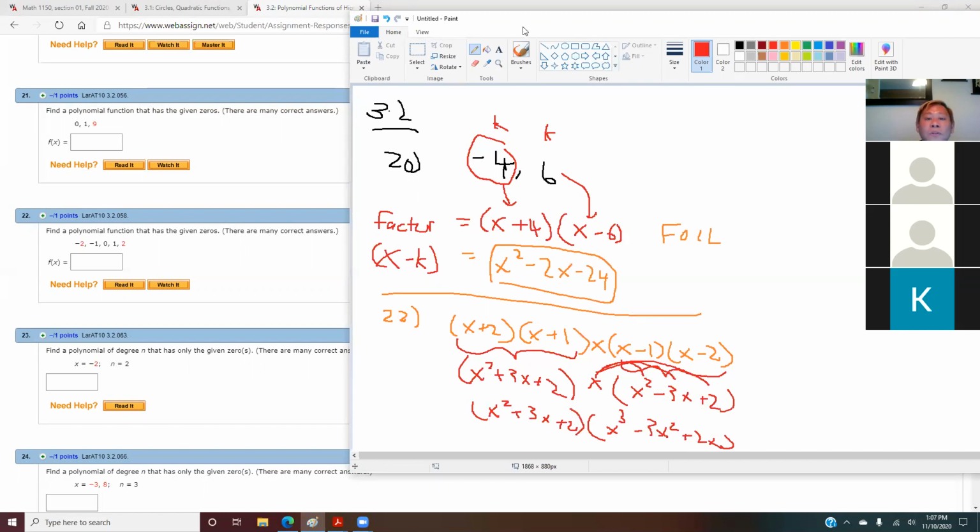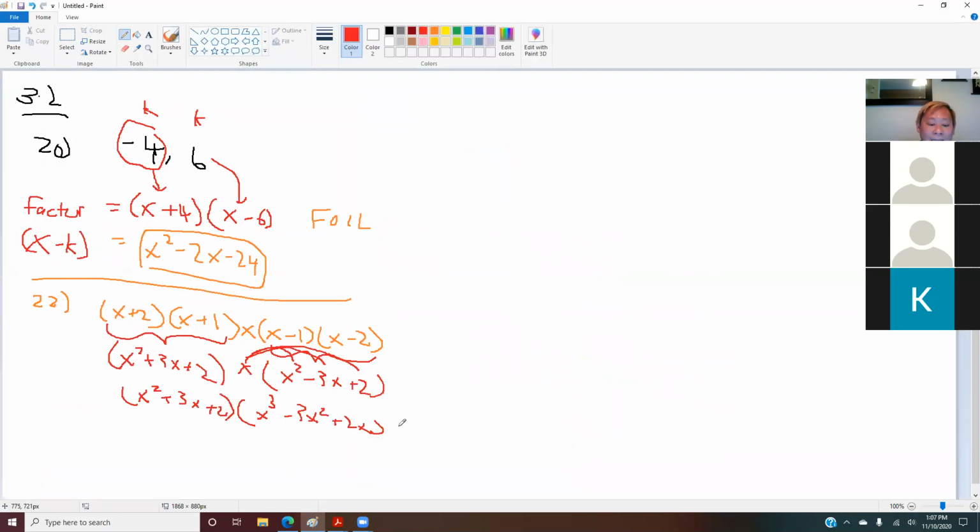And now you have to FOIL this again. FOILing this is a bit more work because you're going to take the x squared and multiply it to all these terms. So you will get x to the 5, because x squared times x cubed is x to the 5, minus 3x to the 4th plus 2x cubed.